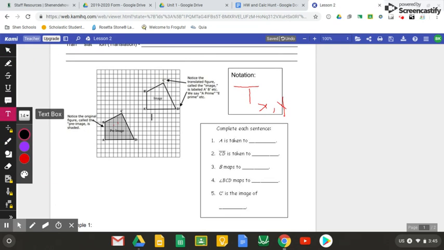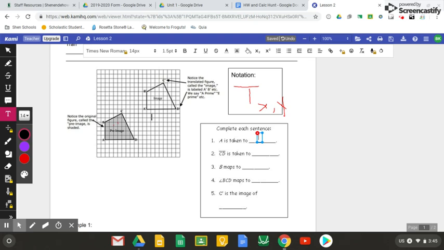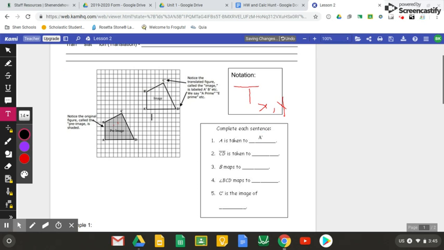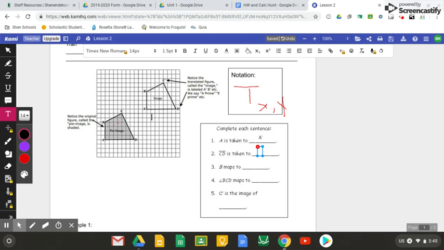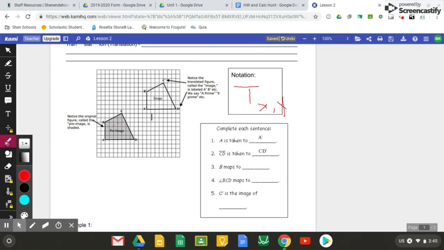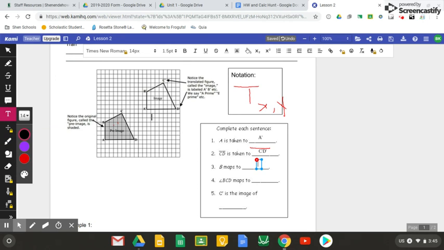So we're going to complete these sentences. In that picture, A is taken to A prime. CD is taken to C prime, D prime, with the segment still above there. So draw a little segment. B maps to B prime.